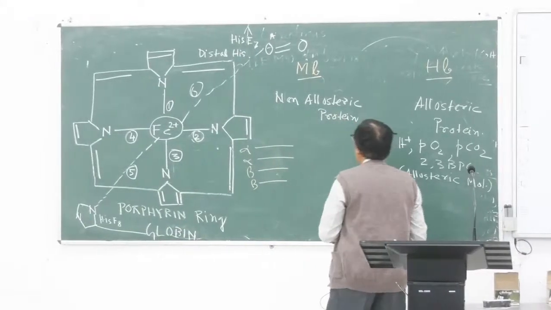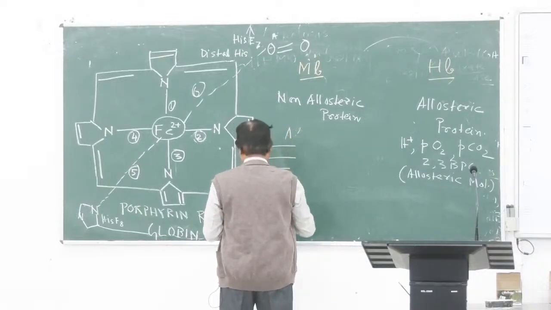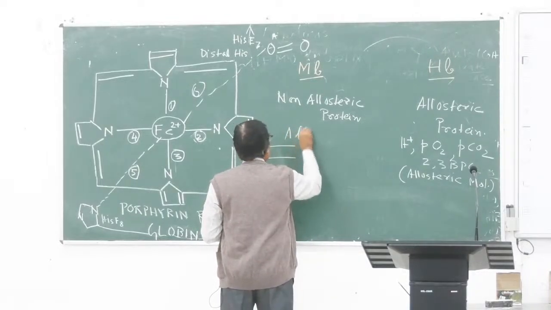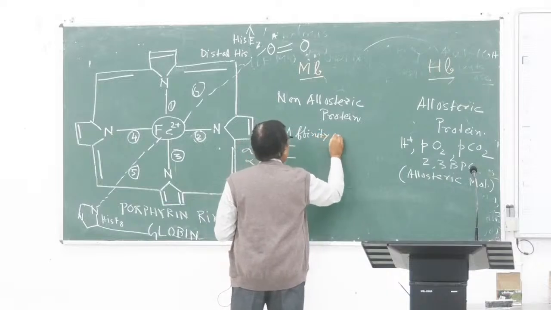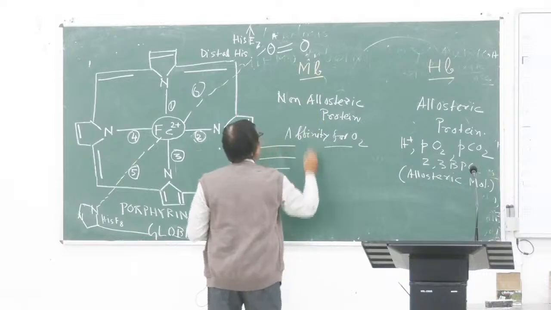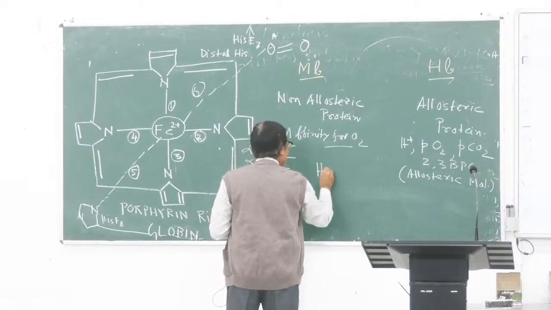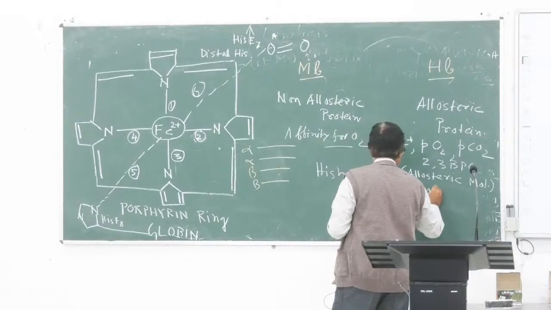যদি বলা হয় মায়োগ্লোবিন আর হিমোগ্লোবিন কার অ্যাফিনিটি বেশি, affinity for oxygen. In case of hemoglobin it is high, in case of myoglobin it is low.